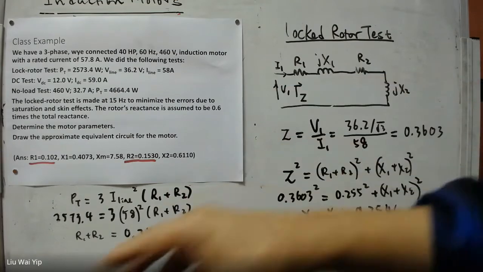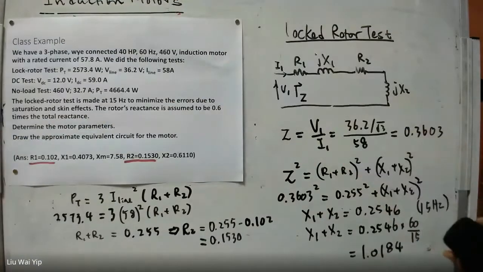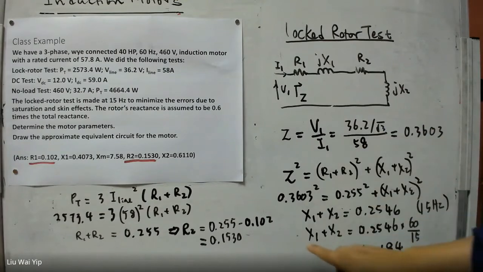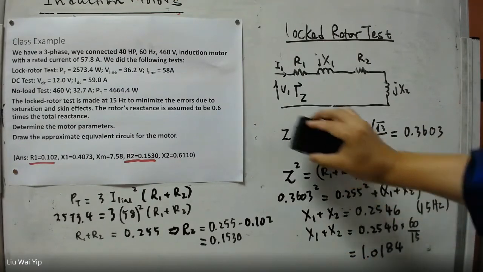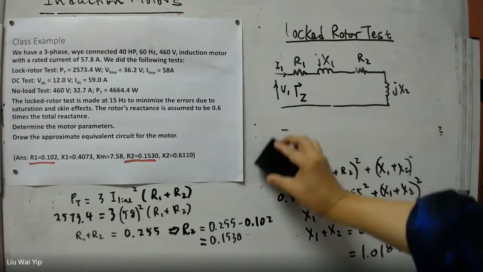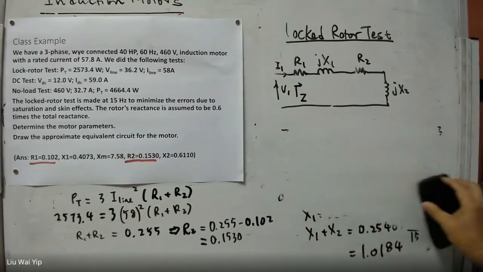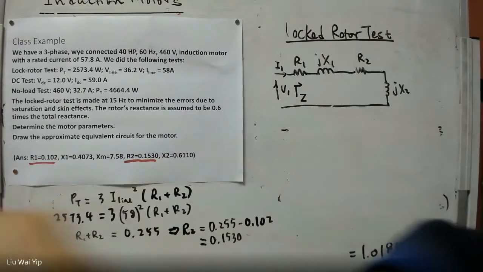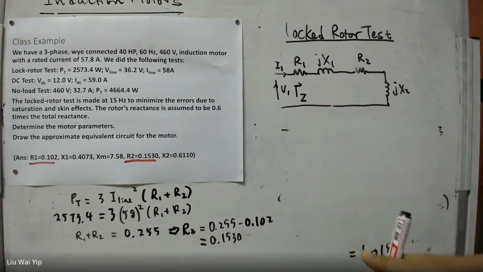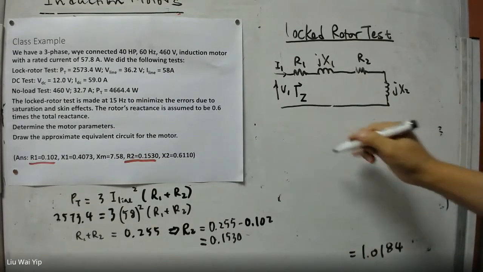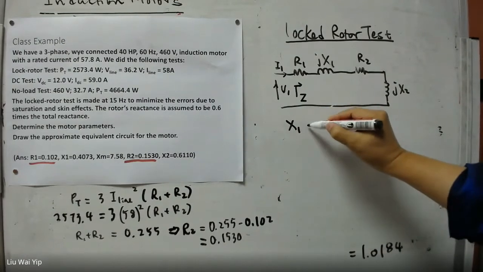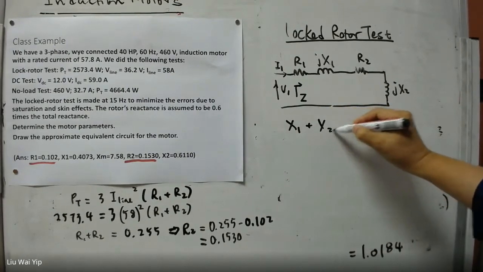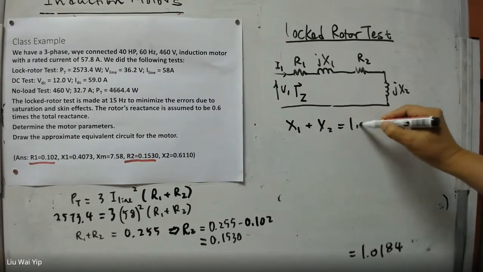So now I'm going to clean up the board. I just need this value. According to what we have just done, X1 plus X2 is equal to 1.0184.